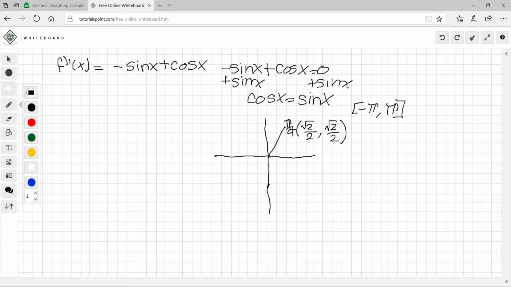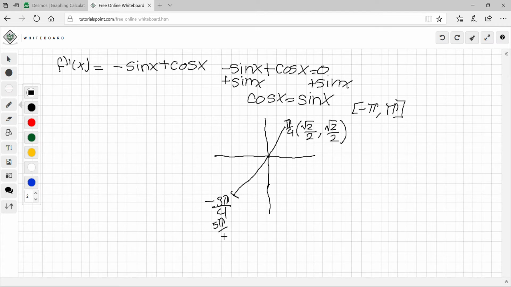Where else can we use it? We can use negative 3 pi fourths. It's also the same thing as positive 5 pi over 4.